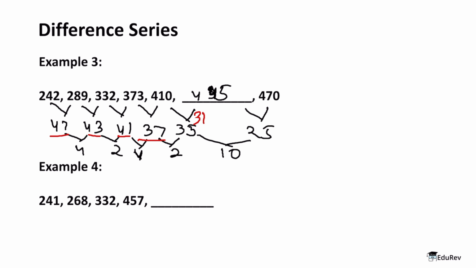And if we keep 31 here, then our correct answer would be 441. And to verify that, let's see the difference between 470 and 441. It is 29, which is the next consecutive prime number after 31. Hence the right answer here is 441 and not 445.